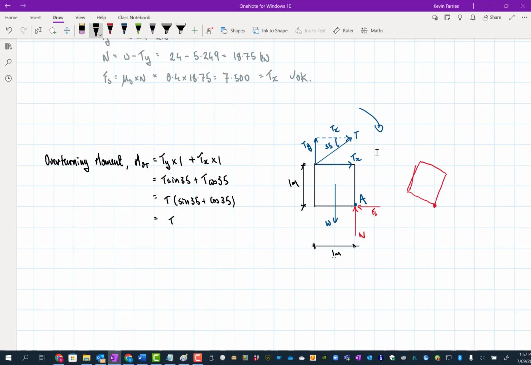So that's going to be T times 1.393, which is equal to 1.393 T.